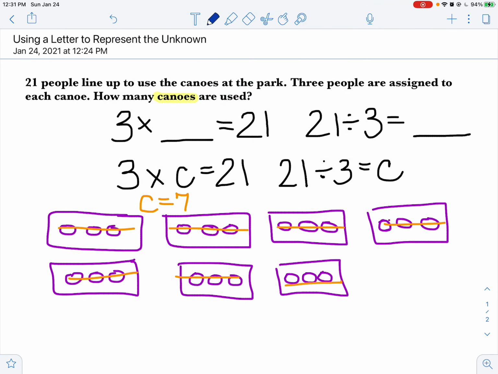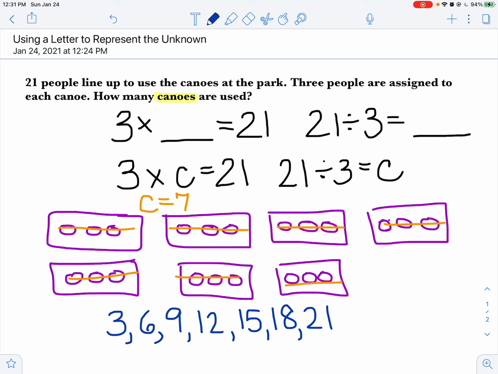Another way I could have done it is I could have said, I'll skip count by 3s. 3, 6, 9, 12, 15, 18, 21. That could be the work that I show. And then I know that I've got 1, 2, 3, 4, 5, 6, 7 times I had to count by 3.